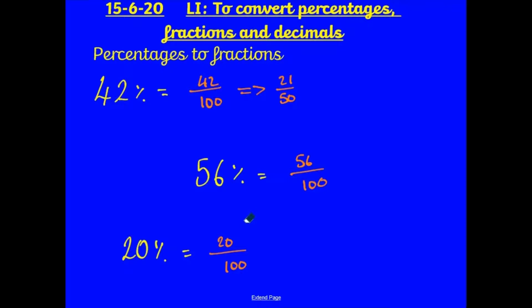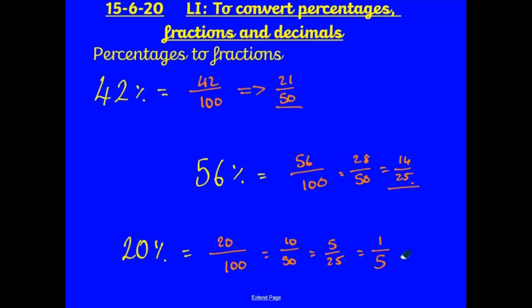56% is 56 over 100. Well, again, that could simplify down to 28 over 50. They're both still even numbers. Divide by 2 again. That'll give me 14 over 25. Okay, as the lowest fraction here, simplified version. 20 over 100 is the same as 10 over 50, which is the same as 5 over 25, and they're both divisible by 5, which will give me 1 over 5, 1/5.